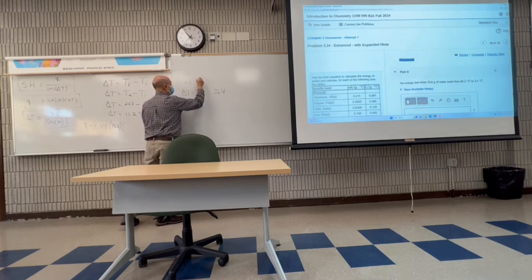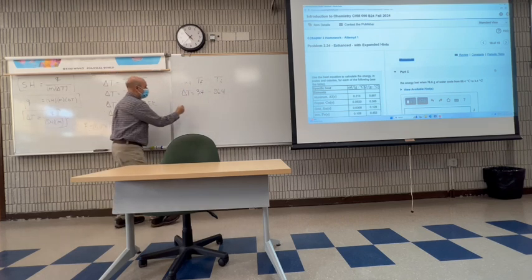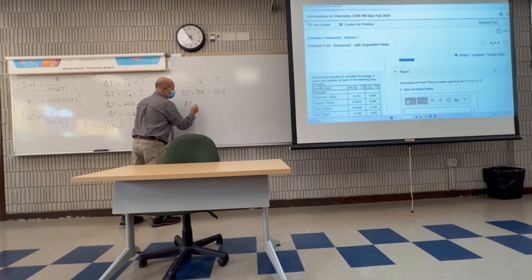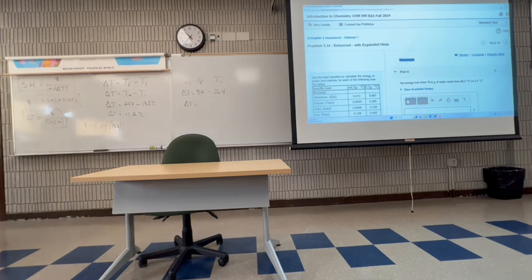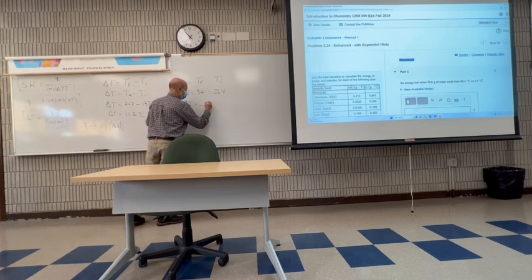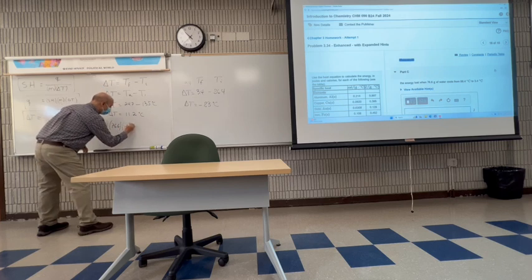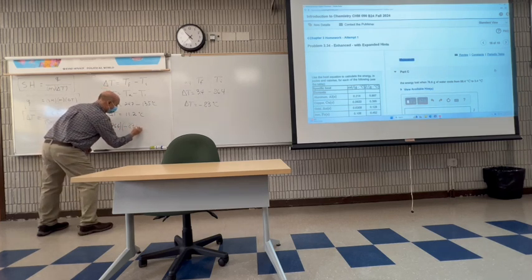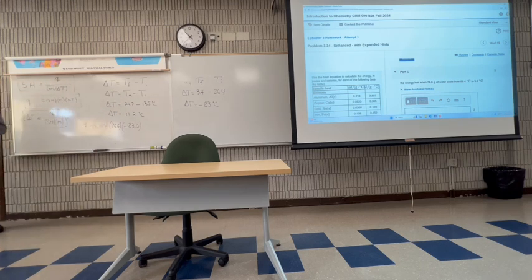Remember, this is final temperature, this is initial temperature. So the delta T is going to be a negative number, because it's an energy loss. Negative 83. If I put negative 83 here, my answer is going to be negative.